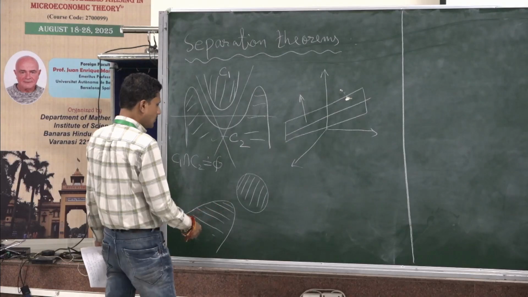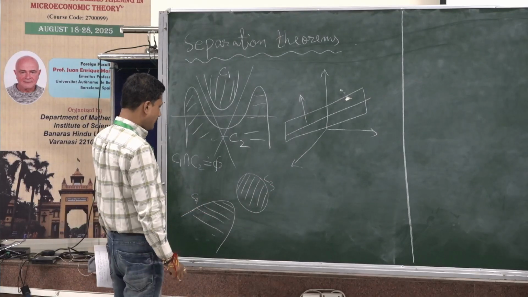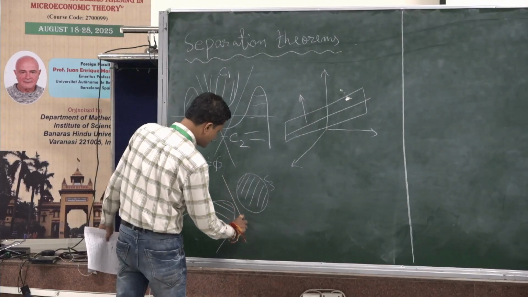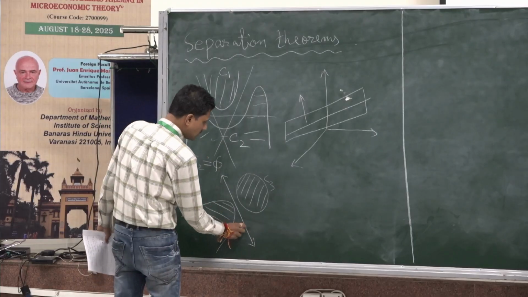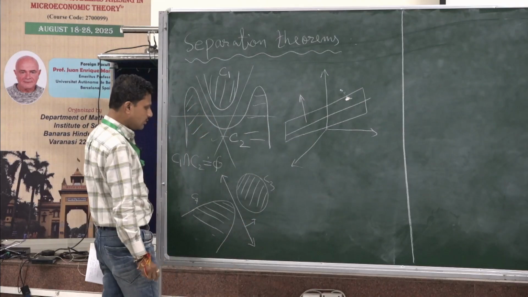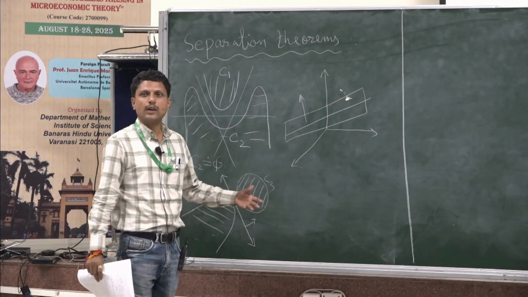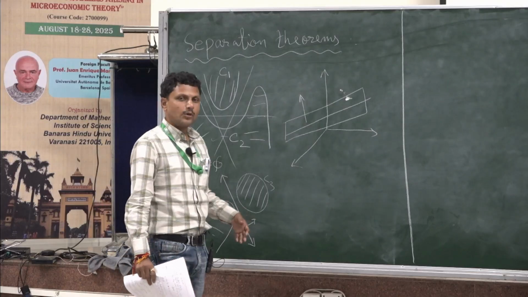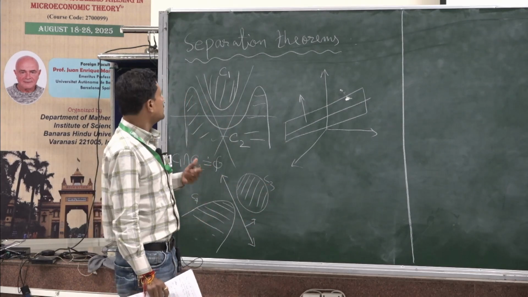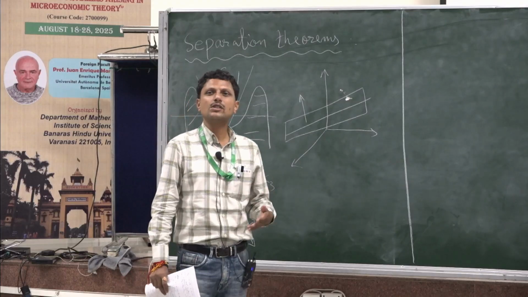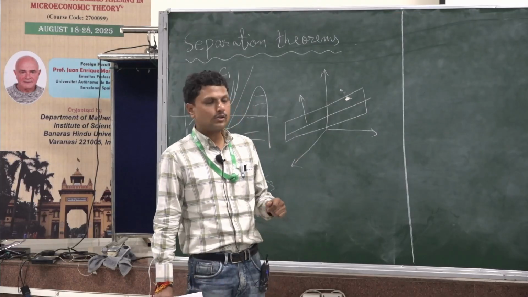But in the case of C3 and C4, we can have this hyperplane which separates C3 and C4, and this is the normal to the hyperplane. So here we are able to find a hyperplane which separates the sets C3 and C4. The question is: what are the conditions under which we can find a hyperplane which will separate these two sets?